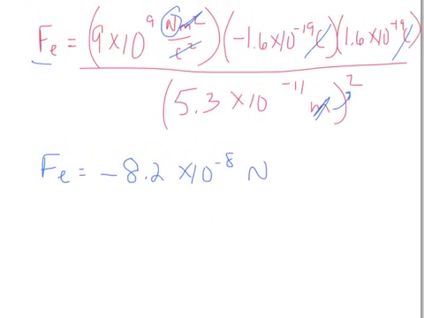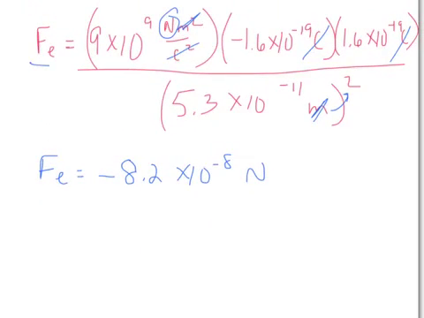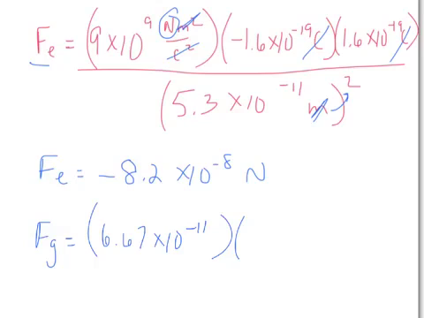But let's take a look now at the gravitational force that's felt. If you remember, gravitational force is G, which is 6.67 times 10 to the negative 11, times M1, which is going to be, and I'm going to round this, 9.1 times 10 to the negative 31, times M2, which is the mass of a proton.